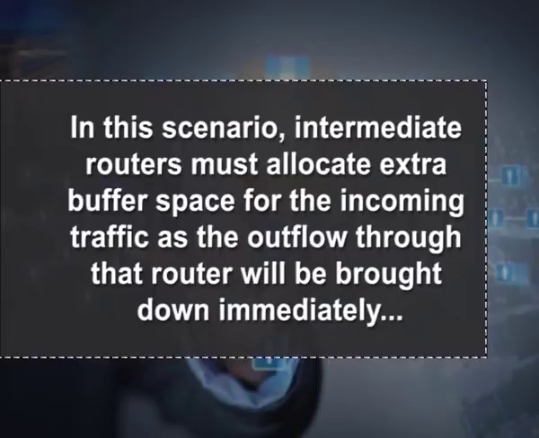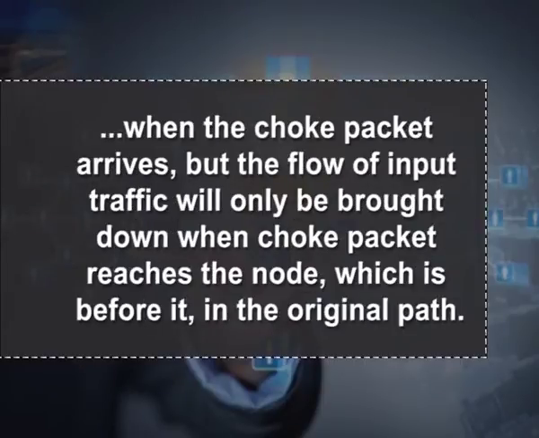In this scenario, intermediate routers must allocate extra buffer space for the incoming traffic, as the outflow through that router will be brought down immediately when the choke packet arrives. But the flow of input traffic will only be brought down when the choke packet reaches the node which is before it in the original path.